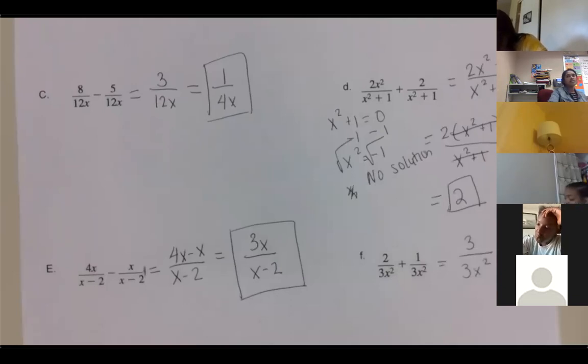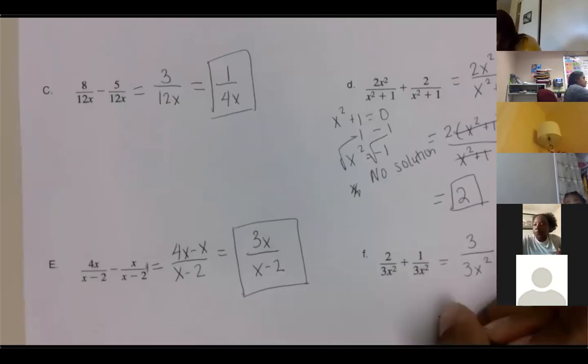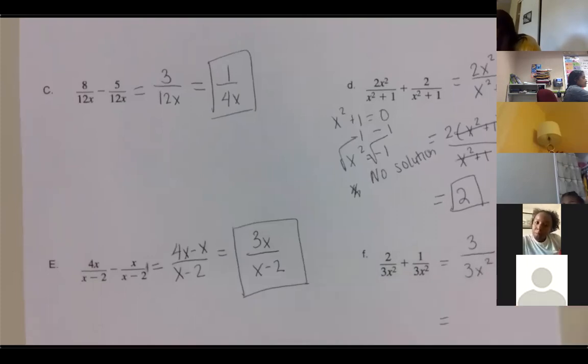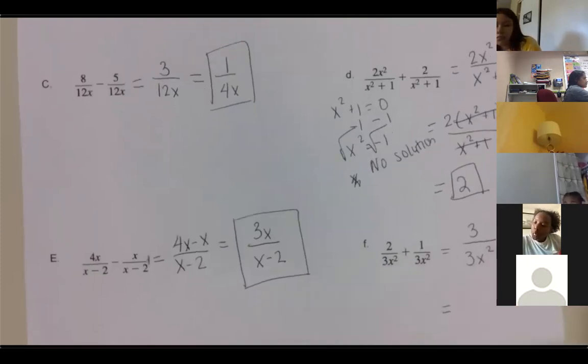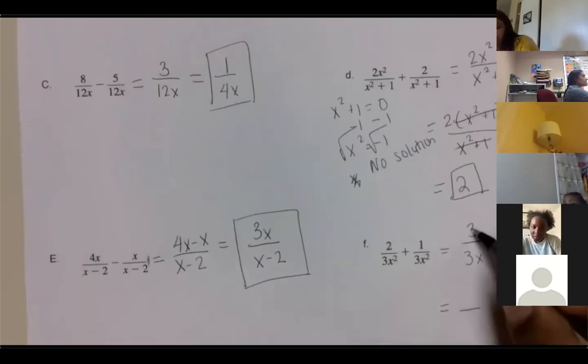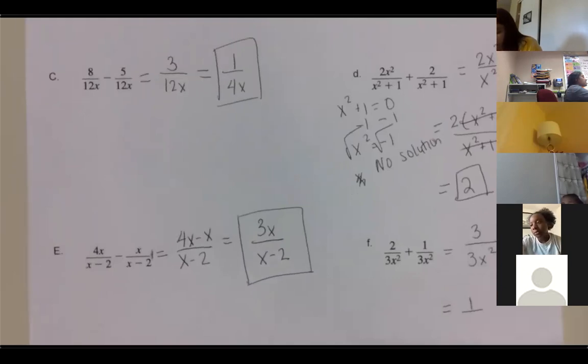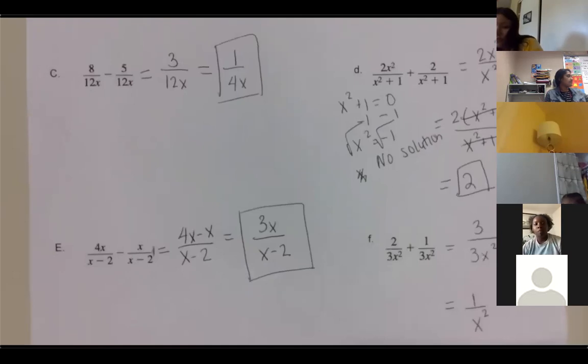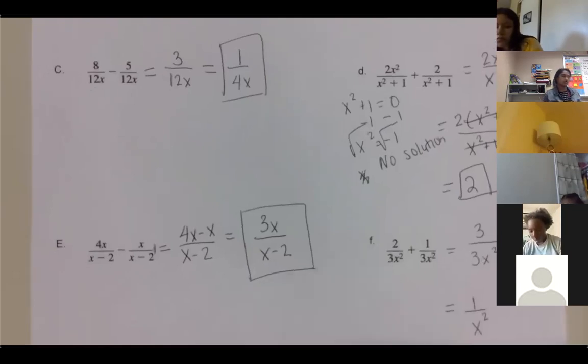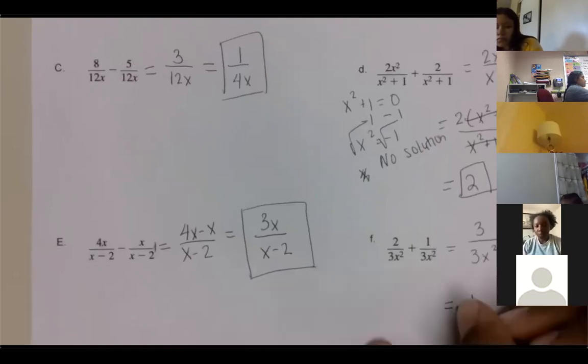What do you think, Hannah? I guess you could simplify it with a 3. And then your thing will be x squared. It should be. Yeah, so 3 divided by 3 is 1, so don't forget to have a 1 in the numerator. And then 3 divided by 3 is also 1. But you don't need to have a 1 in front of the x squared. You can just keep 1 over x squared.